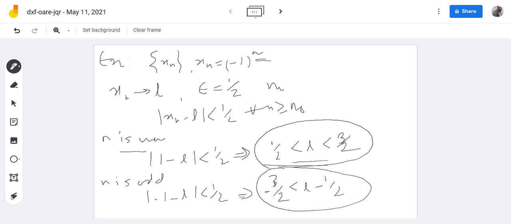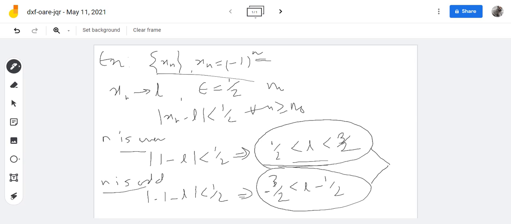Okay, so that means there exists more than one limit for this sequence, which is a contradiction, because the limit is always unique. We have done this theorem. Hence, the sequence xn is not convergent. The sequence is non-convergent.